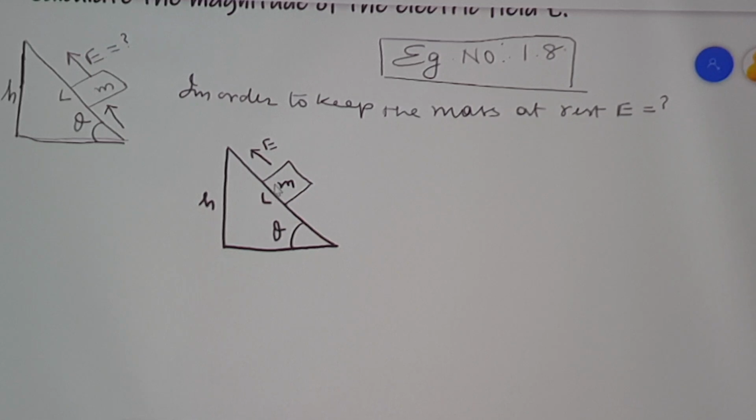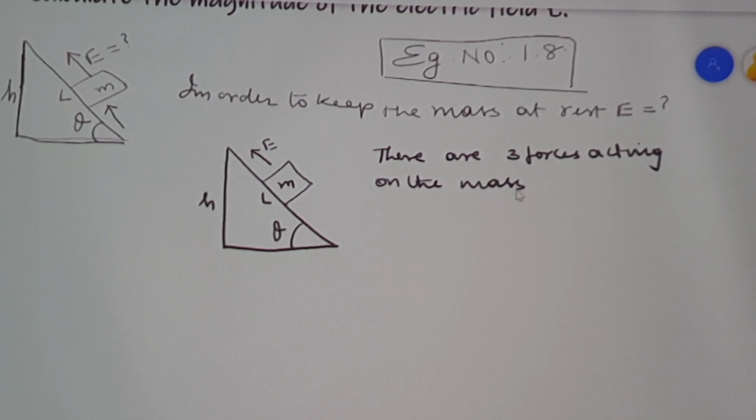See, when you are considering the mass over this inclined plane, we can say there are three forces acting on the mass. There are three forces acting on the mass when an electrical field is applied. What are the three forces acting on the mass?